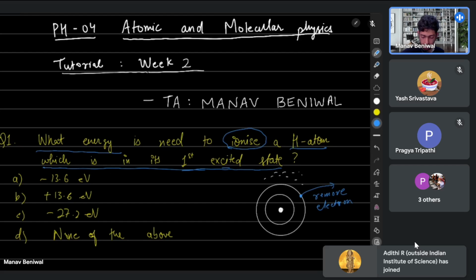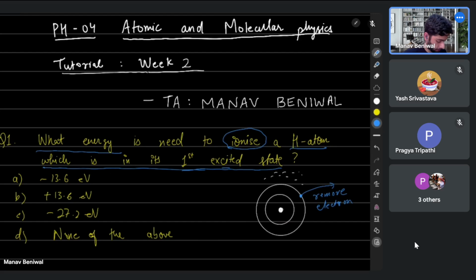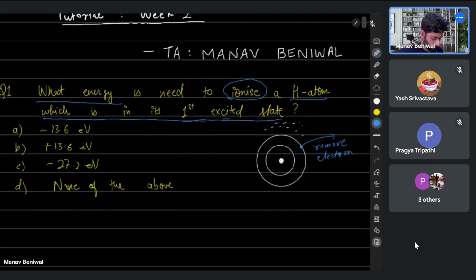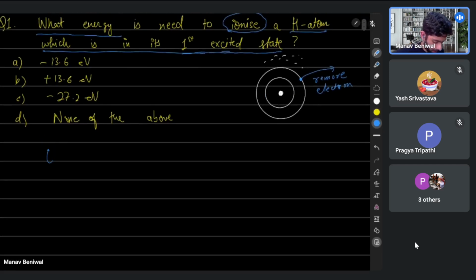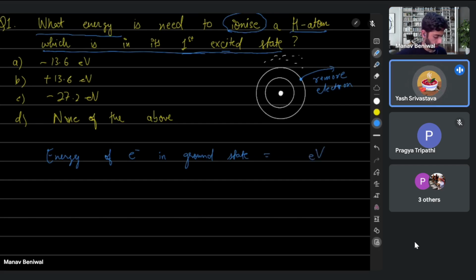So when you solve this, first of all, what is the energy of an electron? Let's say you have an electron in the ground state. Energy of electron in ground state. How much is this value in electron volts? Minus 13.6. Yes, minus 13.6.